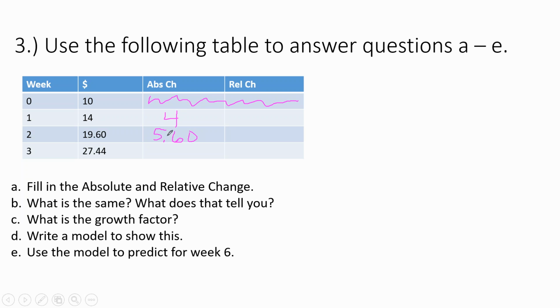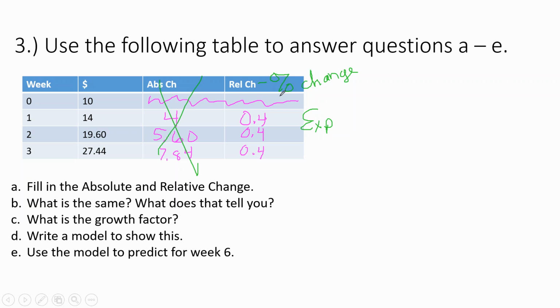Okay, so the big thing to remember with these is that relative change is percent change. That's the big key, and that's a takeaway from yesterday, from section 24. So when you look at this, absolute change, these are different, so we know it's not linear, because absolute change goes as linear. Since relative change is the same, we know that it's an exponential model.